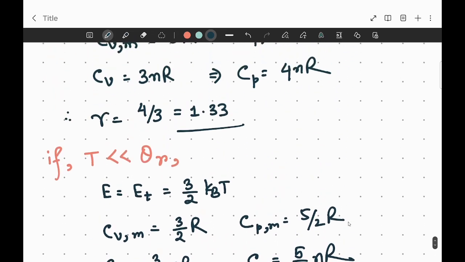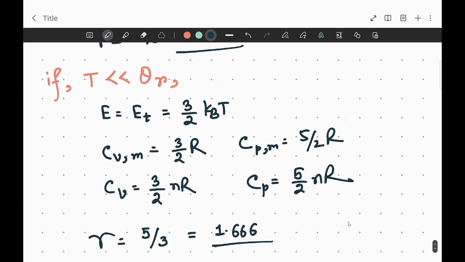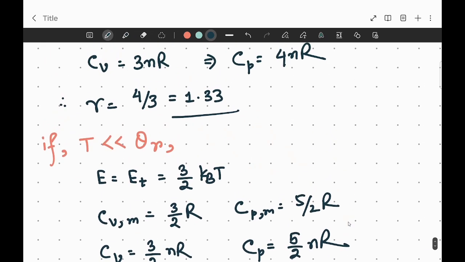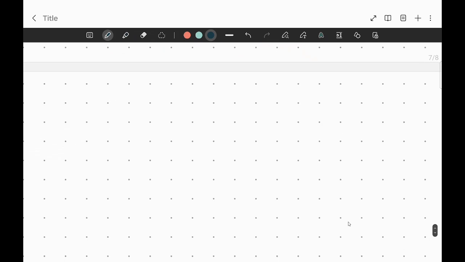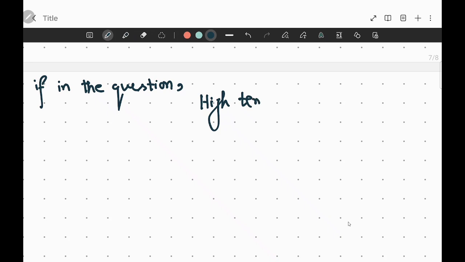There is a formula you can remind yourself of. Generally these questions are asked in CSIR NET or GATE. When high temperature is mentioned in the question, let me write it. If in the question, in general, high temperature is mentioned, that essentially means the temperature is greater than theta v, greater than theta r.